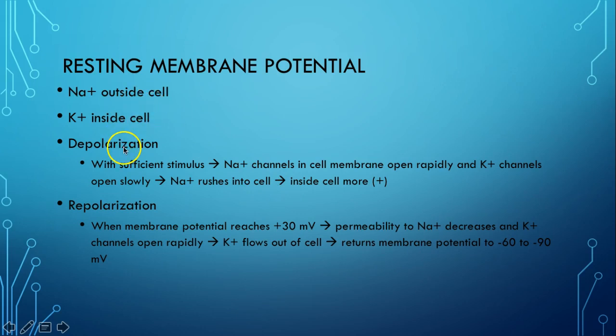In order to get depolarization, you need enough stimulus that sodium channels in the cell membrane open rapidly and the potassium channels open slowly. The sodium rushes into the cell and causes that facilitation. To be able to repolarize, the membrane potential reaches about 30 millivolts. The permeability to sodium decreases and potassium channels open. The potassium flows out and then turns the membrane potential back to its resting state.